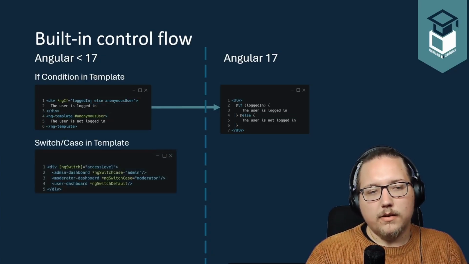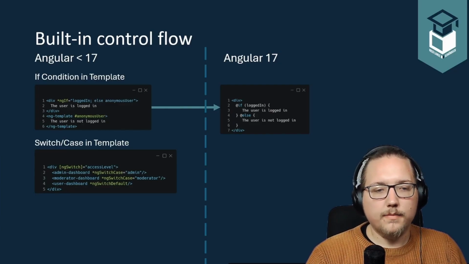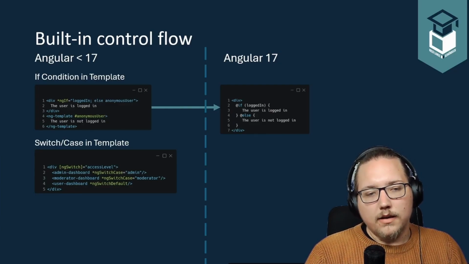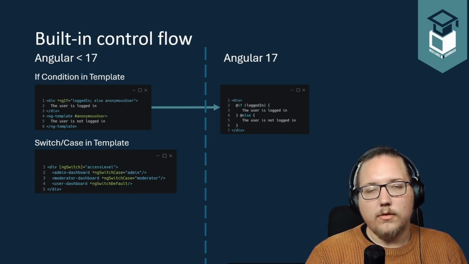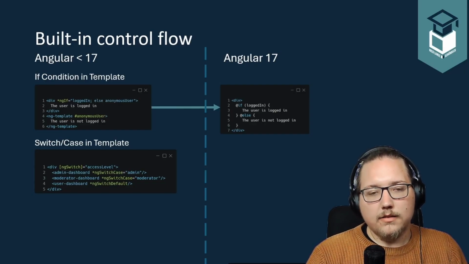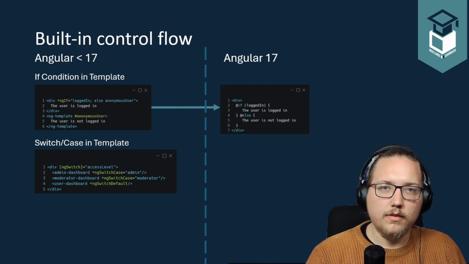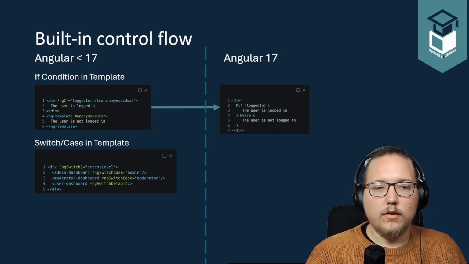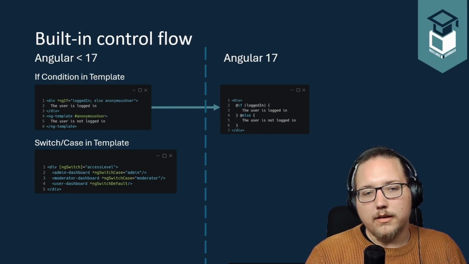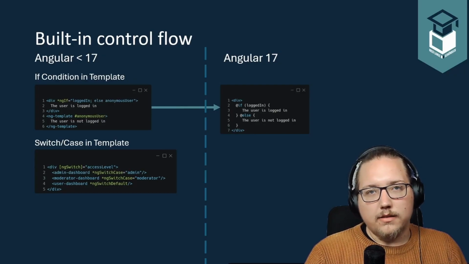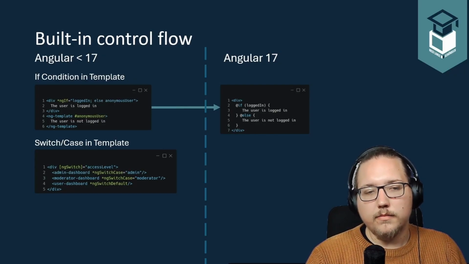Then we will take a quick look at switch case in templates. Here you can see the ngSwitch looking for a variable named accessLevel. And we have two cases. One case is if accessLevel equals admin, and one for accessLevel equals moderator. And we have an ngSwitchDefault, which handles the case if none of the switch cases match the variable value.